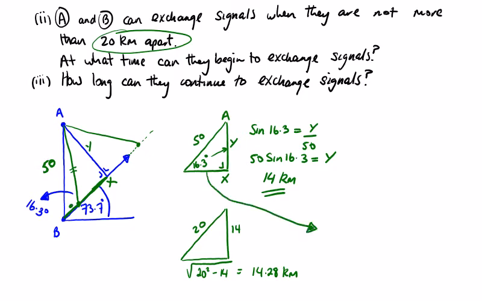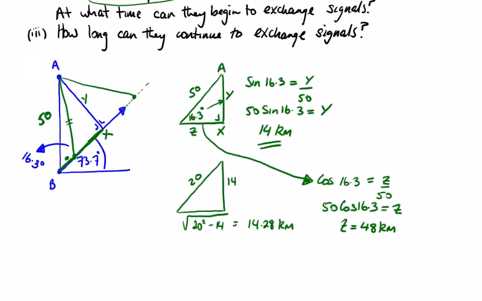Now we can use cos here. We're looking for A, we have H, so the cos of 16.3 is equal to, well, let's call it Z over 50. 50 by the cos of 16.3 is equal to Z. And that will give Z to be 48 kilometers.